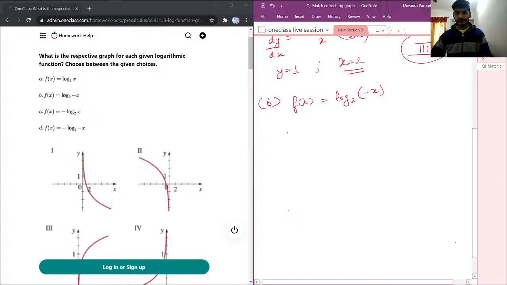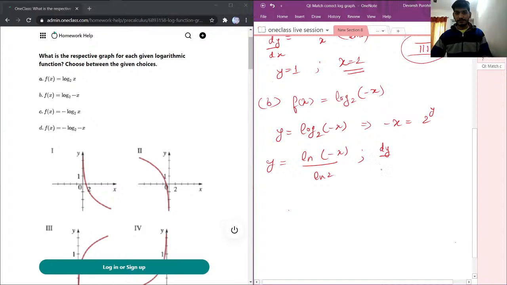I'll just put y equal to log of negative of x with base 2. Then this implies if I take antilog on both the sides, we'll get negative of x equal to 2 power y. Then I will write ln of negative of x over ln of 2.